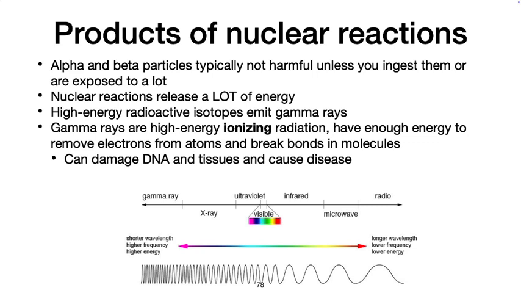So our products of nuclear reactions, alpha and beta particles, are typically not harmful to humans unless you ingest them or are exposed to a lot of them. The larger issue is that our nuclear reactions release a lot of energy. And when that energy hits you, that's a little bit of a different story.